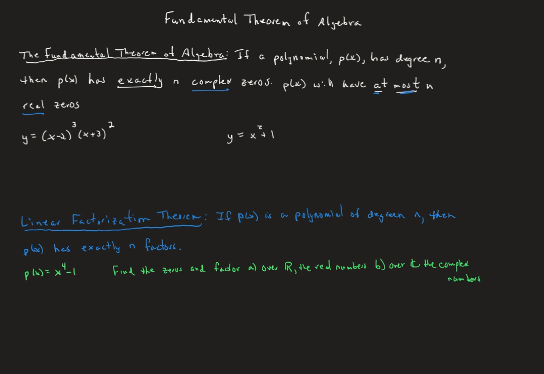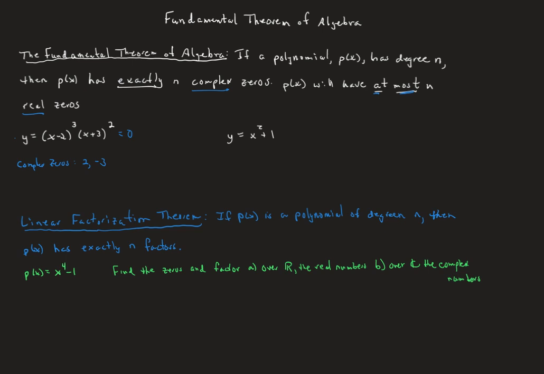So for example, the first one here, y equals (x minus 2) cubed times (x plus 3) squared. We have that the complex zeros are those things that make this equal to 0 that are complex numbers. And we can see that 2 and negative 3 do that. Those are real numbers, and all real numbers are also complex numbers.